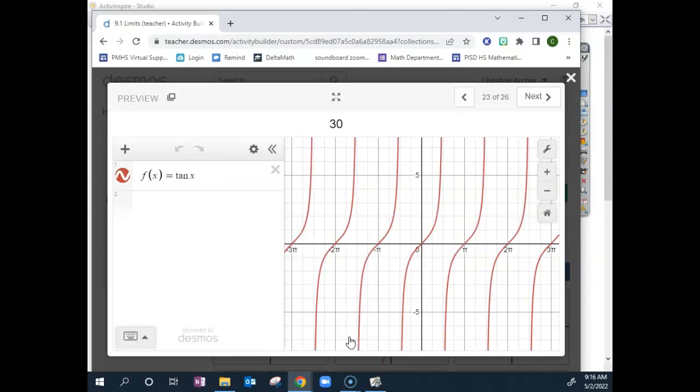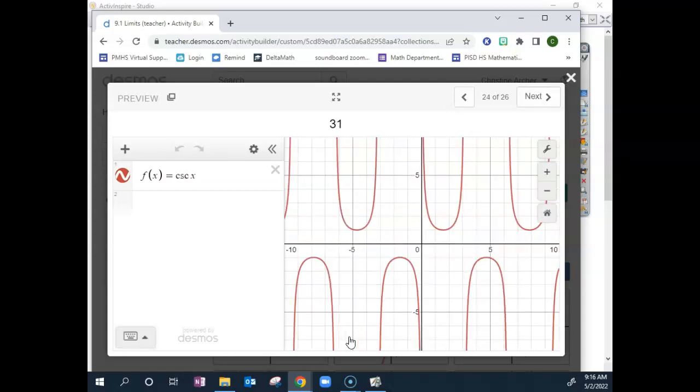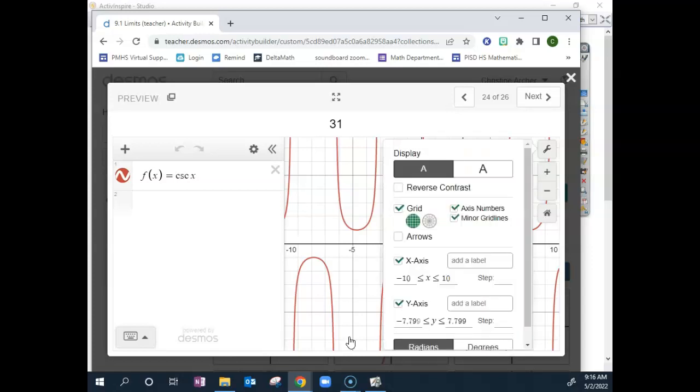At tangent, it wants to know at pi over 2. So here's my pi over 2 right here. And so what's at pi over 2? One goes up and one goes down. Is there a limit? No. Okay, here's the cosecant. I want the limit at pi.